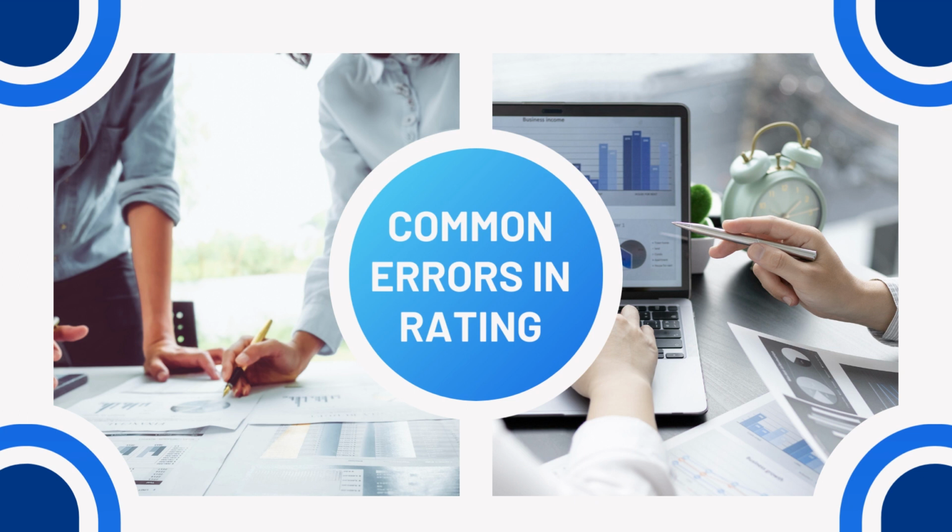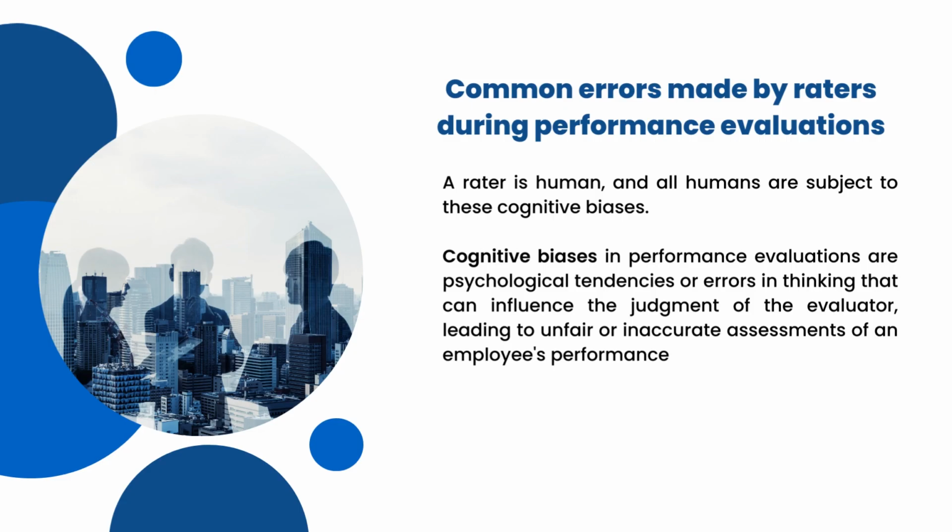As we all know, a rater is human, and all humans are subject to these cognitive biases. When we say cognitive biases in performance evaluation, these are psychological tendencies or errors in thinking that can influence the judgment of the evaluator, leading to unfair and even inaccurate assessments of an employee's performance.